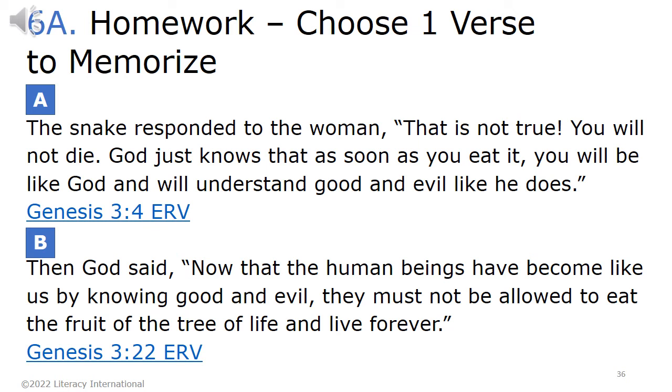Genesis chapter 3, verse 4 from the ERV. B. Then God said, now that the human beings have become like us by knowing good and evil, they must not be allowed to eat the fruit of the tree of life and live forever. Genesis chapter 3, verse 22 from the ERV.